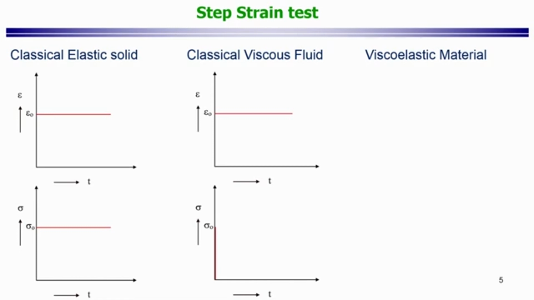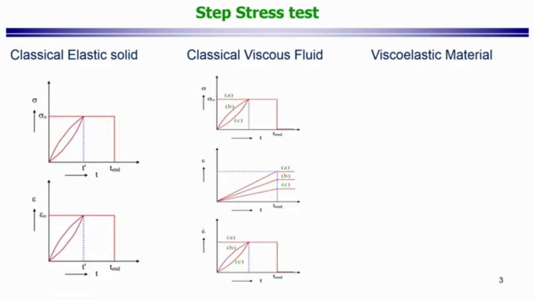In a classical viscous fluid, the behavior is quite different. So, the viscoelastic material response will probably be somewhere in between these two. So, now that we have compared these two cases, we are ready to understand the response of a viscoelastic material. Okay.